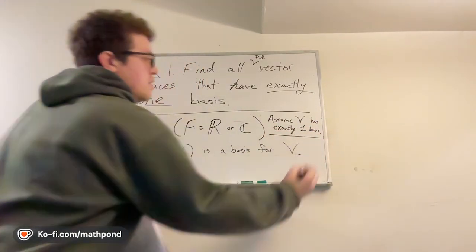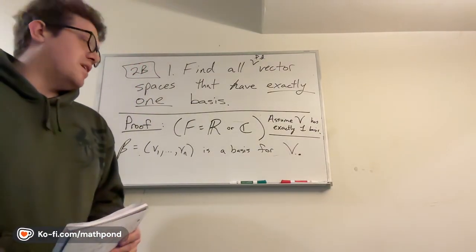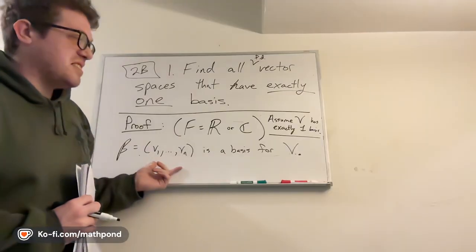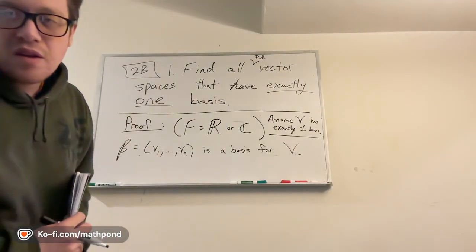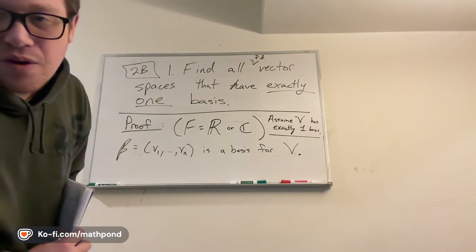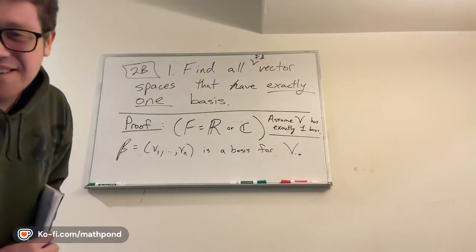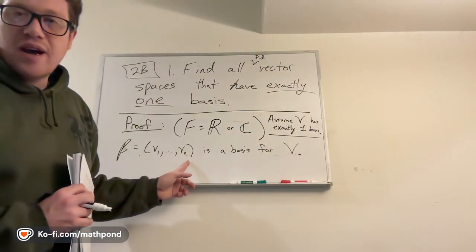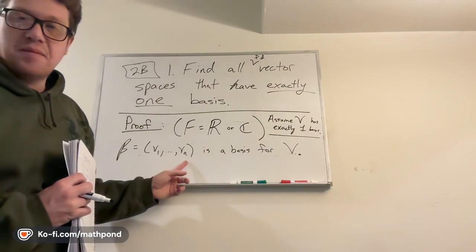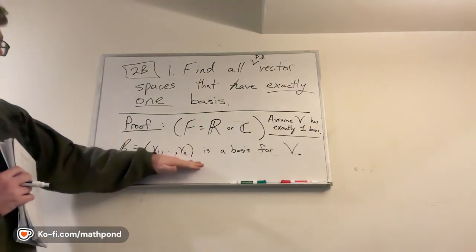Well, if V has exactly one basis, then this is the only basis, right? So what do we know about n then? I think Rex, you actually basically gave me the argument here. So what do we know about n? We know it has exactly one basis, and this is the basis.